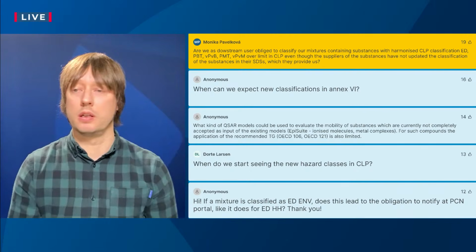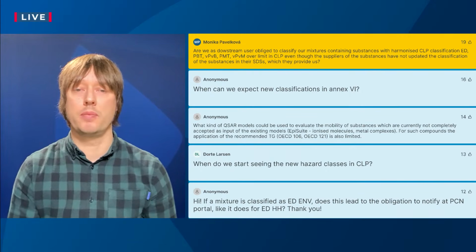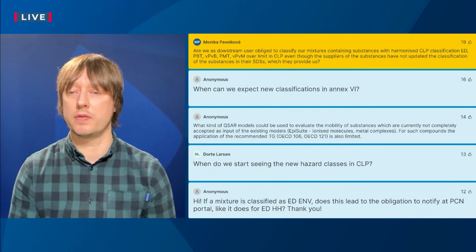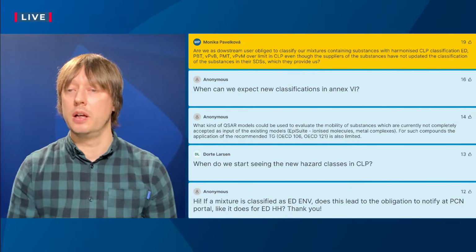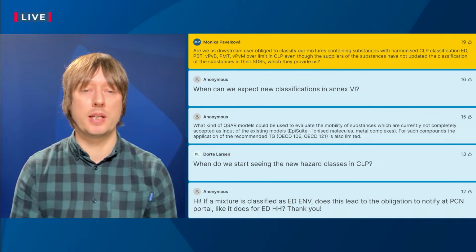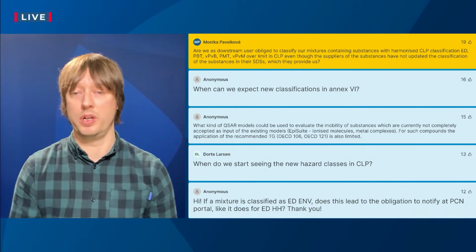So the next question. Are we as downstream users obliged to classify our mixtures containing substances with harmonized CLP classifications for the new hazard classes over the limit in CLP, even though the suppliers of the substances have not updated the classification of the substances in their safety data sheets, which they provide us with?